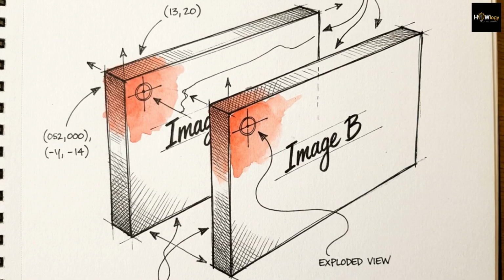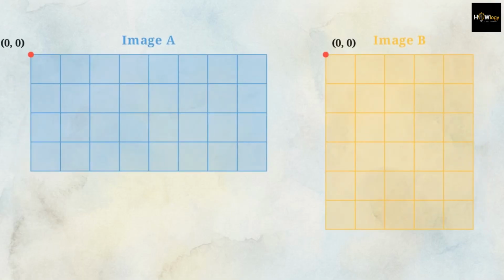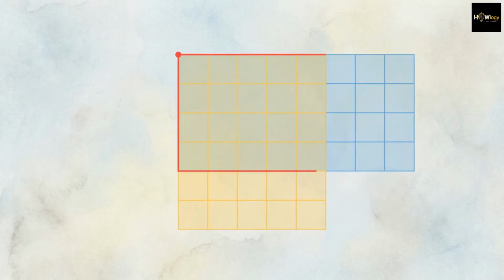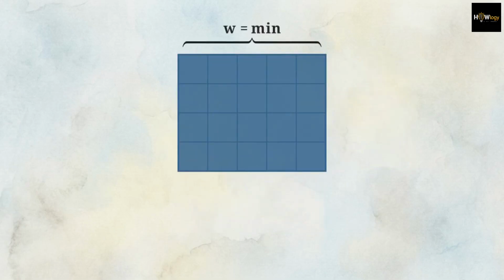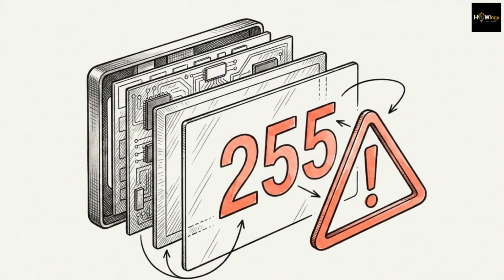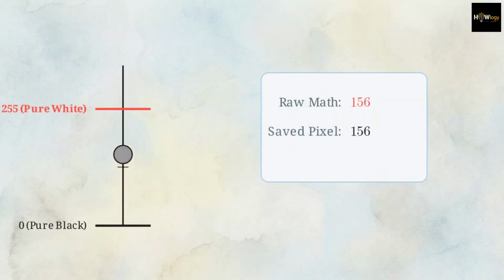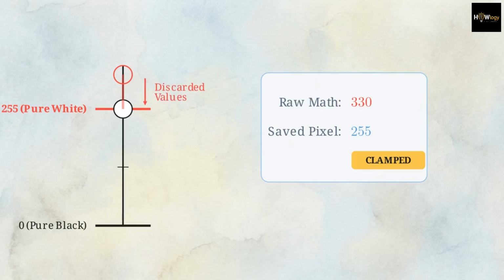The origin coordinates of both starting images have to map perfectly onto one another. If the two grids are different sizes, the math forces a compromise. The resulting combination automatically shrinks to the minimum shared width and height of their overlap. Once combined, the new pixel totals often exceed the format's maximum allowable limit, so the software scales or clamps the numbers to keep them strictly within a valid, displayable color range.